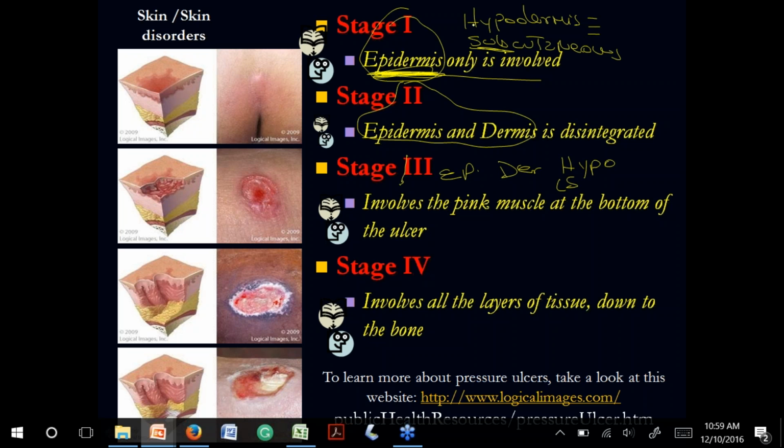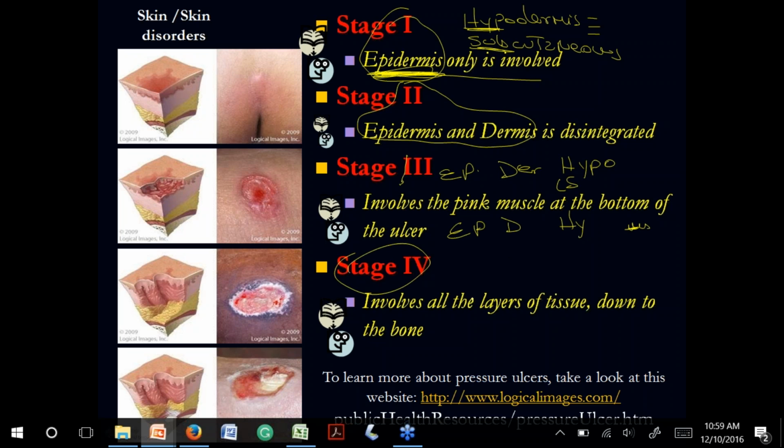Sub means below the skin. Hypo means below the skin too. Subcutaneous tissue and hypodermis are going to be the same. So stage 3 is going to involve all these 3 layers, including part of the superficial portion of the muscle. So we have epidermis, dermis, and hypodermis, and the muscle starts to be involved.